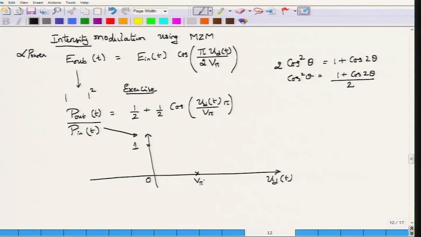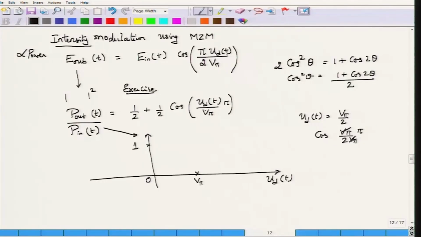The interesting thing would be to look at what happens when ud of t is equal to v pi by 2. When ud of t is equal to v pi by 2, the argument of the cosine function becomes cos of v pi by 2 v pi, there is also a pi. V pi cancels, and then you get cos of pi by 2.